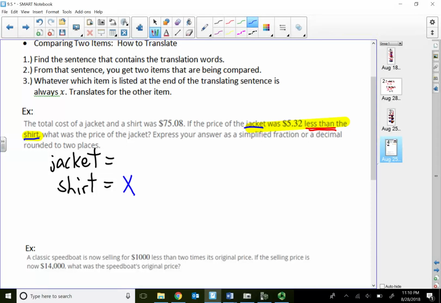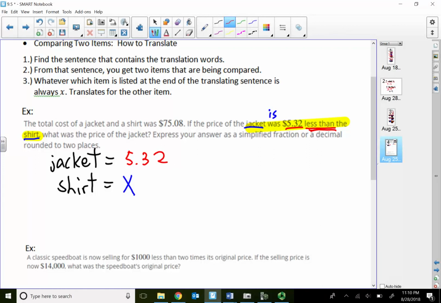So once I know the shirt is X, I need to go back and translate for the word jacket. See, it says jacket was. Was is a past tense of is. Jacket is. Remember, sometimes the word is means equal sign. So jacket is or jacket was means jacket equals. When I see $5.32, I write $5.32.